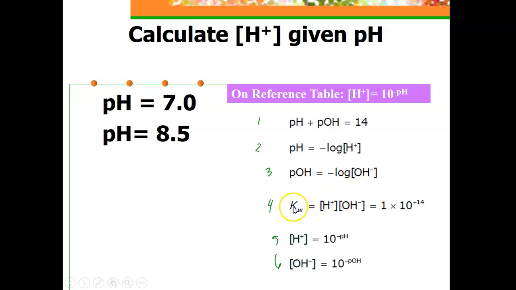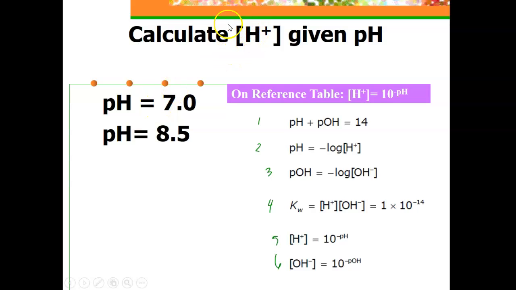Then you have Kw, which is your equilibrium constant, which is hydronium ion times hydroxide equals 1 times 10 to the negative 14. And then you have hydronium ion concentration is equal to the antilog of your pH, or 10 to the negative pH. And hydroxide ion concentration, if you want that value, it's the antilog, or 10 to the negative pOH.